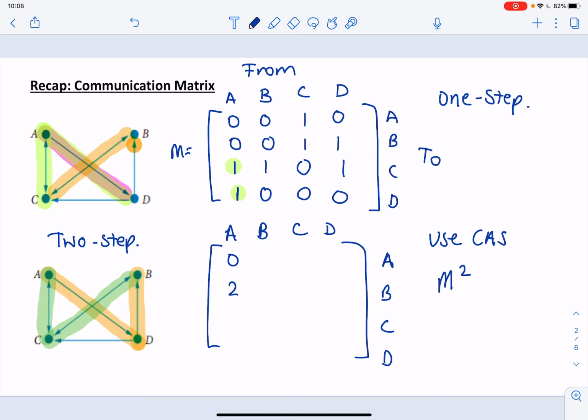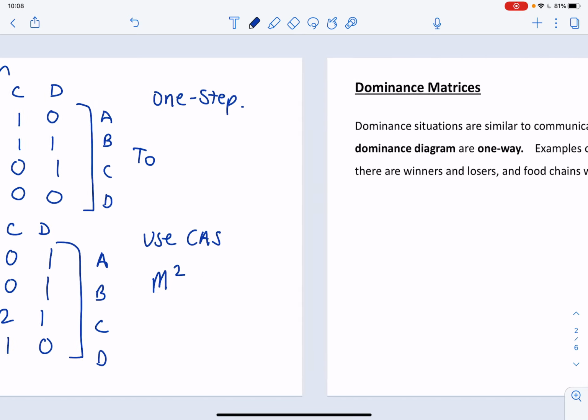And I end up with, I can actually get from A to A. I can go A to C to A, but I don't need to go into detail. So this is what the CAS has told me, that I can get from A to B in 2 ways by taking a detour airport. All right, so that's enough on communication matrices. Go back to look at my other video and it'll run through it all with you.